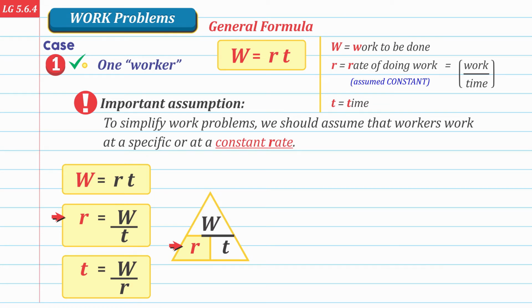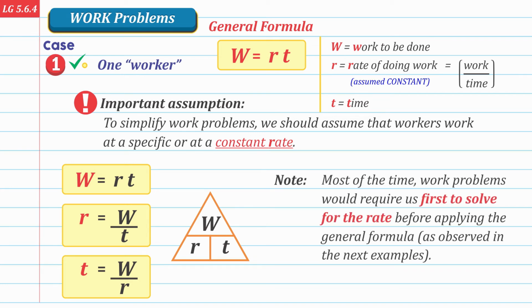And finally, to get the time, simply divide the work done by the rate. With this triangle, we should be able to remember how to get each value given the two others. But we really don't need to memorize the three formulas though, because if we know the basics, which is W equals R times T, we should be able to derive the other two.